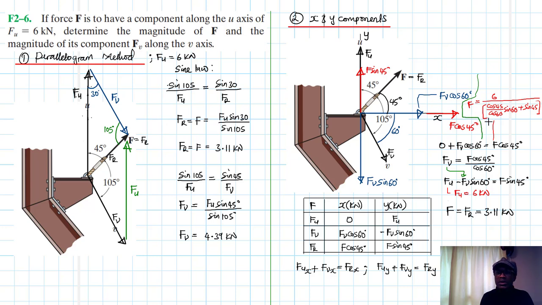This is what F is equal to, and that is the value we are plugging in. So we say cos 45 divided by cos 60 times sine 60 plus sine 45, 6 divided by answer, and then we plug it there.